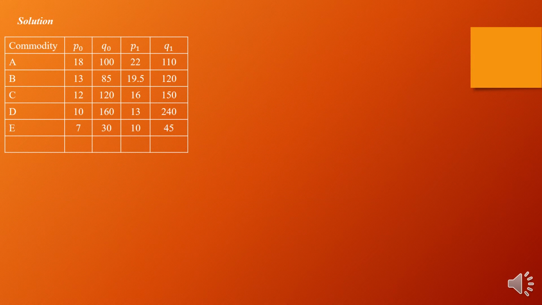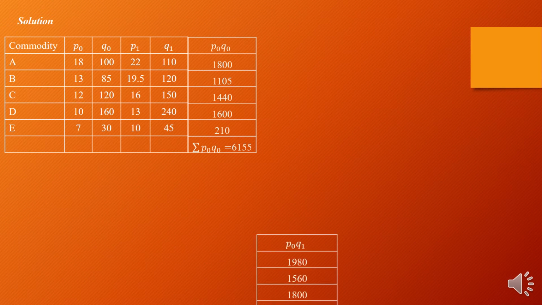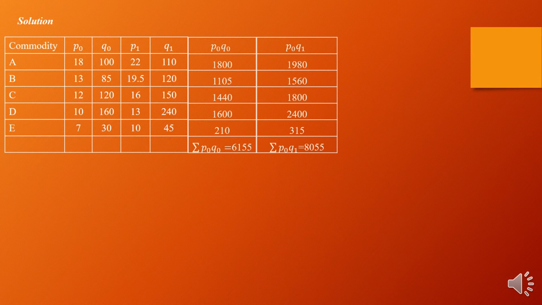So first of all we need the required items to put into the formula. So the first one is P0 Q0. We have calculated them, so 100 into 18, like that. So the sum of that is 6155. Then we calculate P0 into Q1, base year's price into current year's quantity, 18 into 110, so this is equal to 1980. So similarly 13 into 120, so 1560.